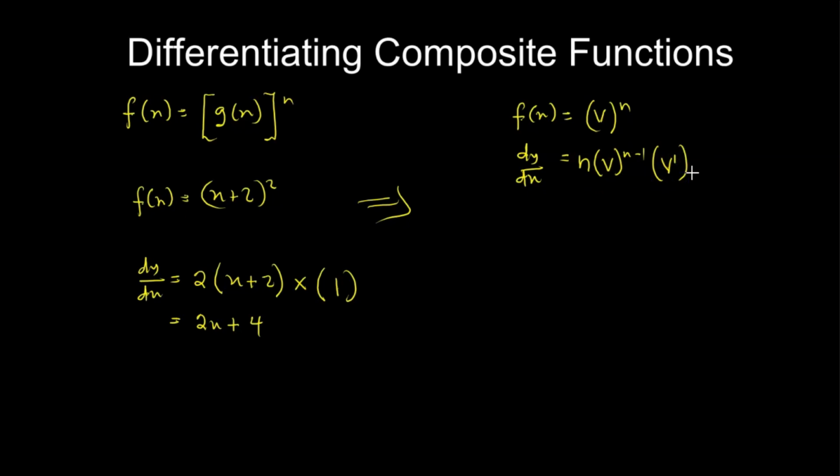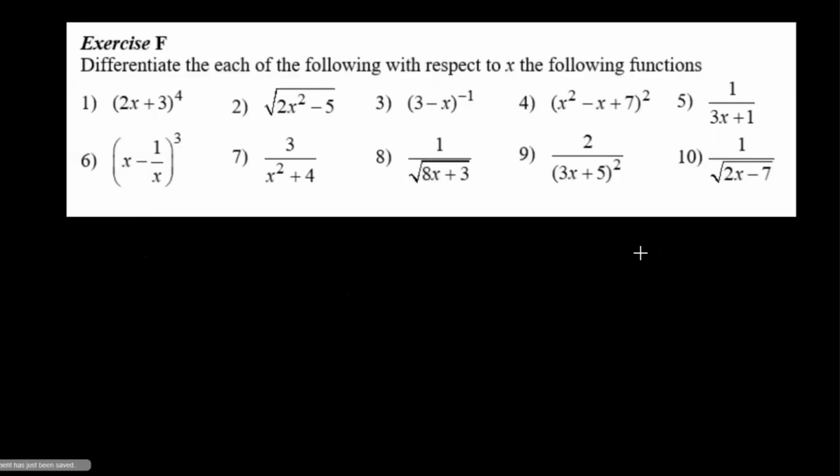Then you expand and simplify where necessary, and that is what is known as the chain rule. It is called the chain rule because of the multiplication, chains in the form of multiplication here and there. So let's take some examples on that.